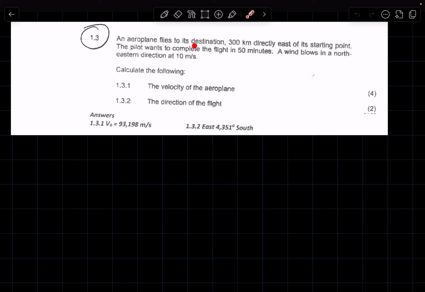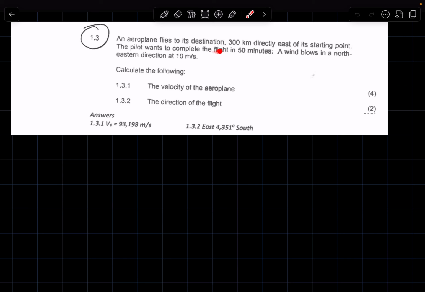So that is to say destination. Anything pertaining to the flight's destination will be for VR. For instance here, they said an aeroplane flies to its destination 300 kilometers directly east.